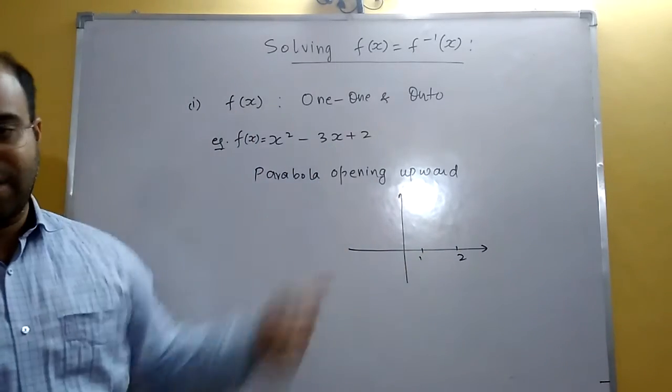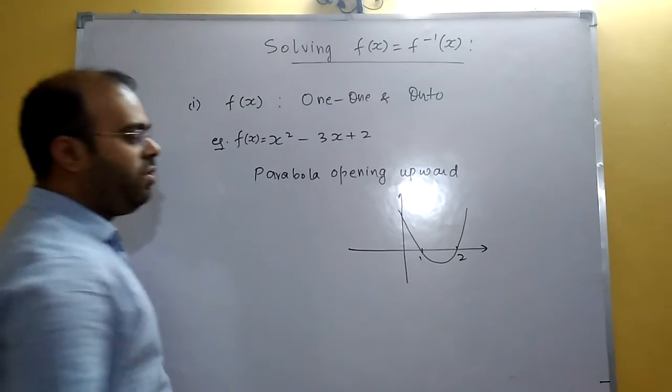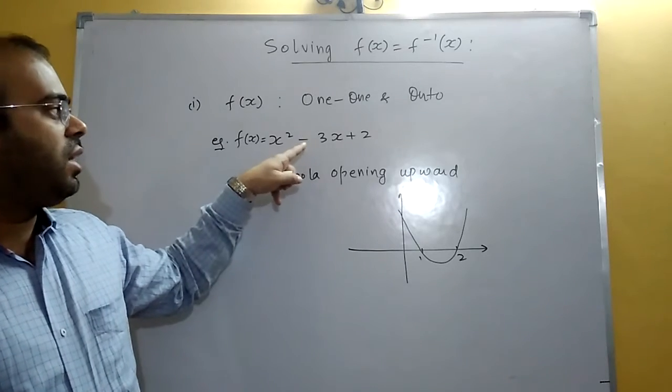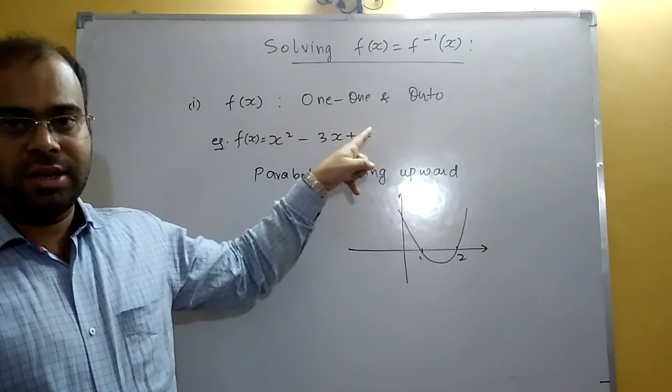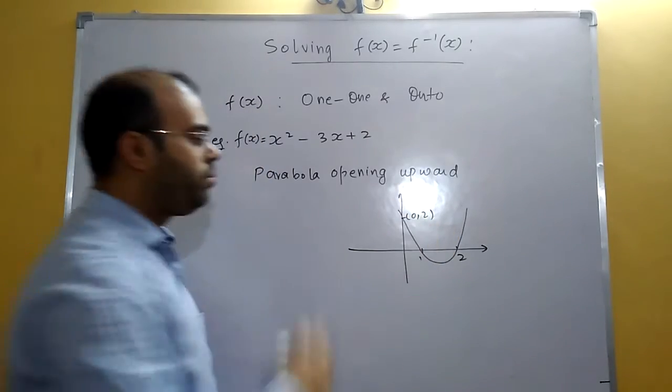These two values will satisfy this, and this is an upward opening parabola. And where will it cut the y axis, at x equal to 0? This will give you (0, 2).